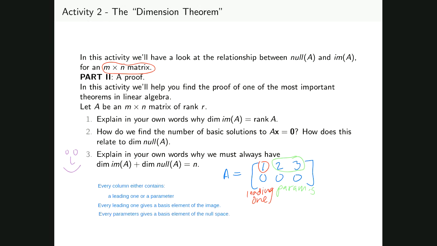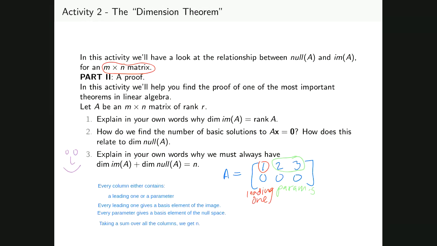And every parameter gives something in the null space. When we add these things up, we get n.